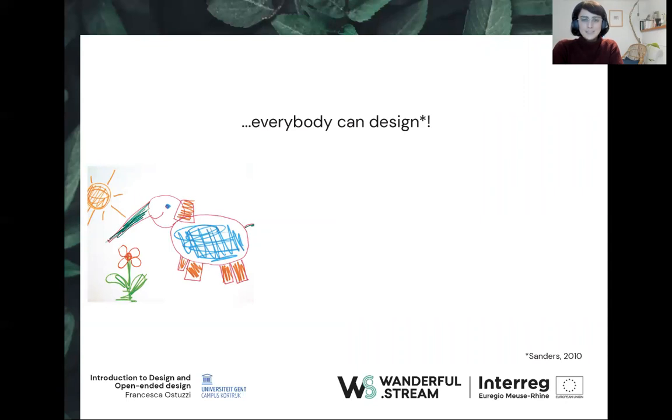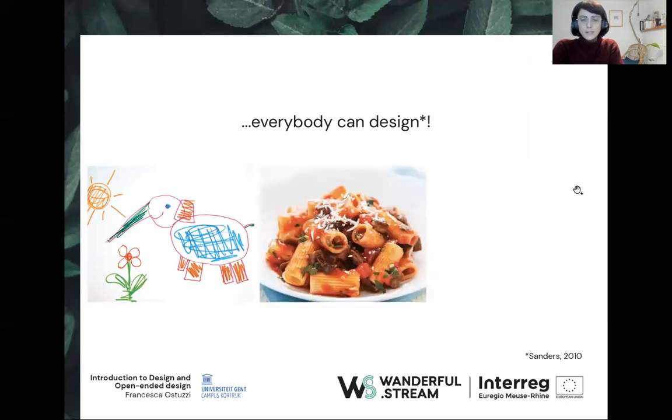Let me give you some examples. When a kid wants to design an animal, he or she is also going through the process of creation of something that did not exist before, the sketch. As well, when we cook, we start from an abstract understanding of what the meal can look like, and then we transform it into something tangible.